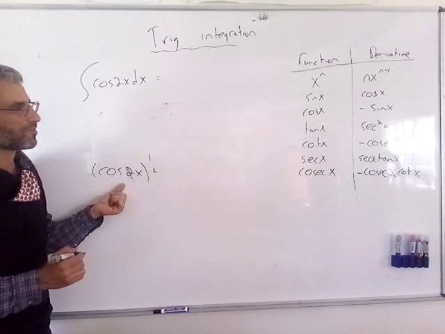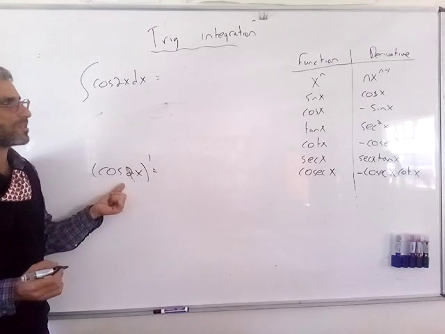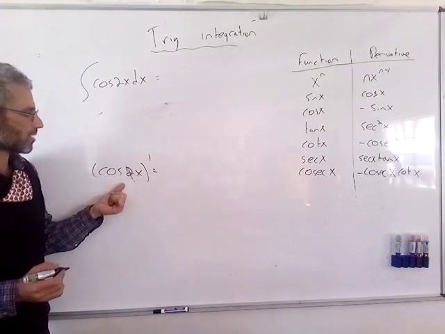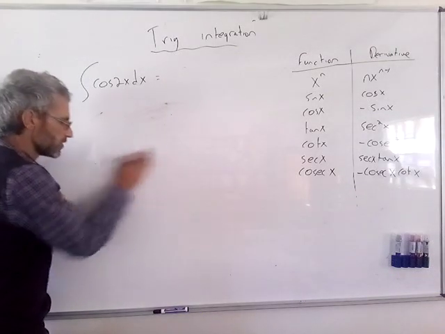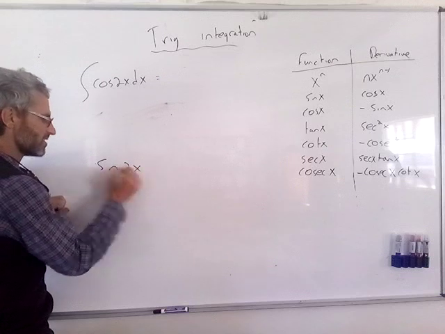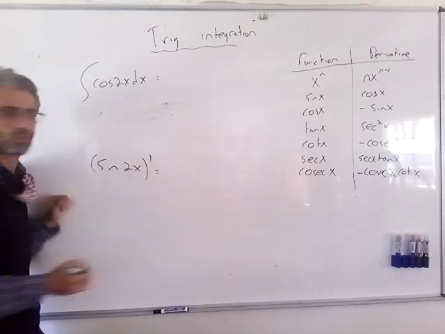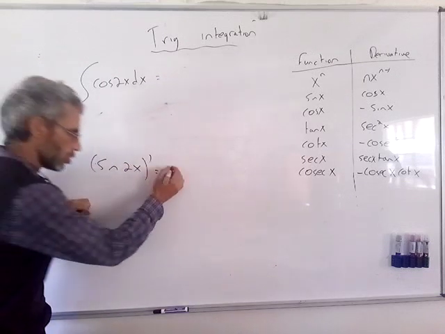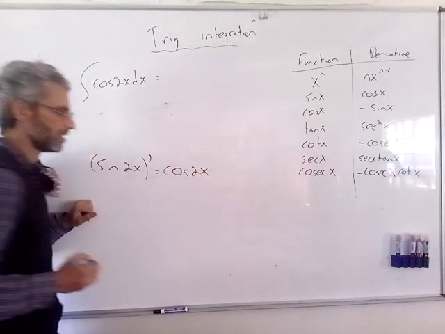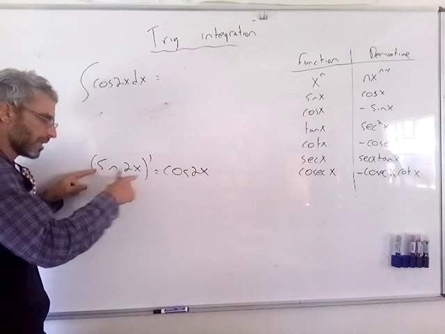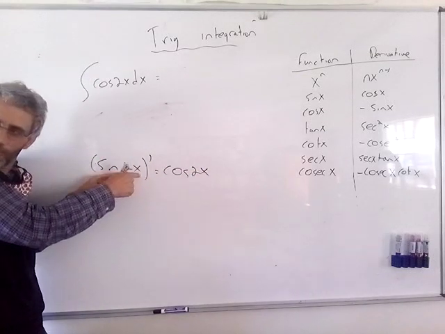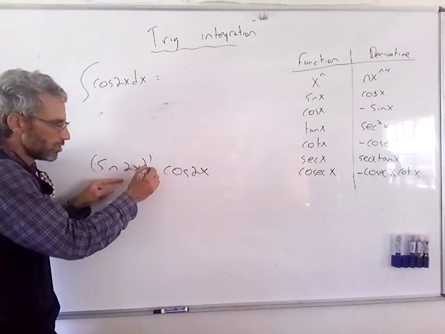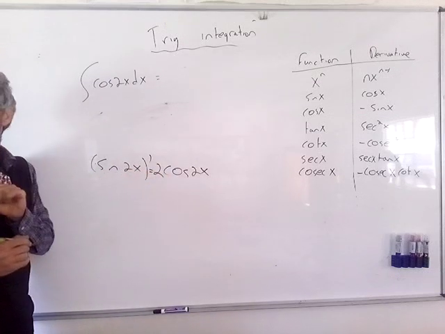Sorry, I meant sine 2x. The derivative of sine 2x will be cos 2x, that's what the chain rule tells me. Do the derivative of that and multiply by the derivative of the inside, which is 2. So it will be 2 cosine 2x.